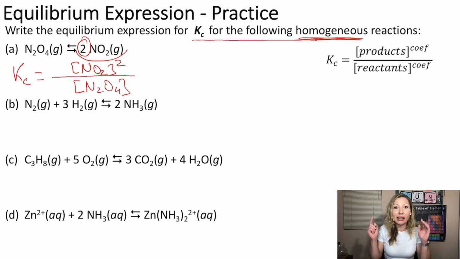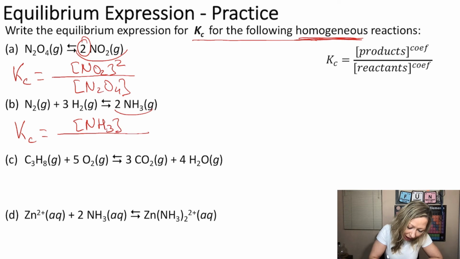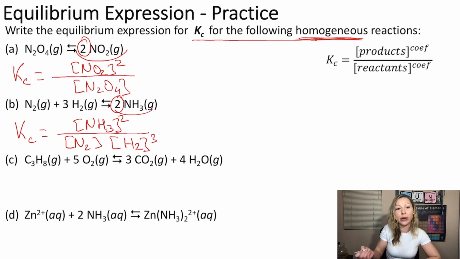All right, stop the video here and try to write out the equilibrium expressions on your own and then come back and double check your work. Okay, let's do B. So K sub C equals, again, I'm going to work with NH3, which is my product, to the exponent of 2 from the reaction, divided by the concentration of N2 multiplied by the concentration of H2 to the exponent of 3.